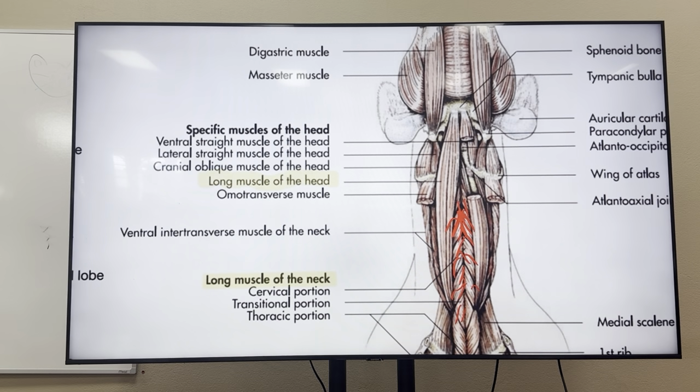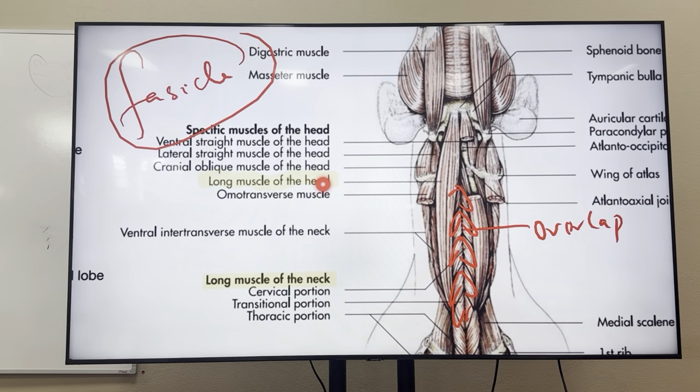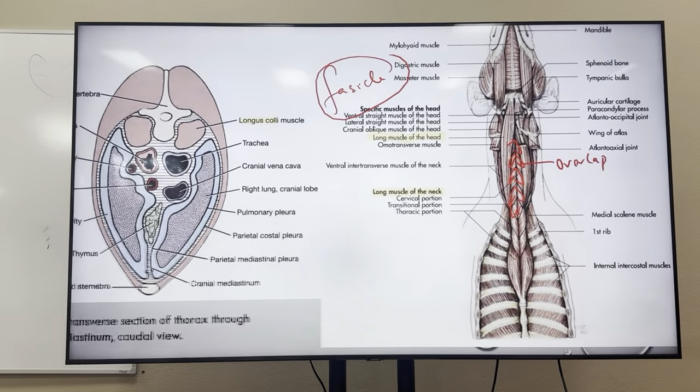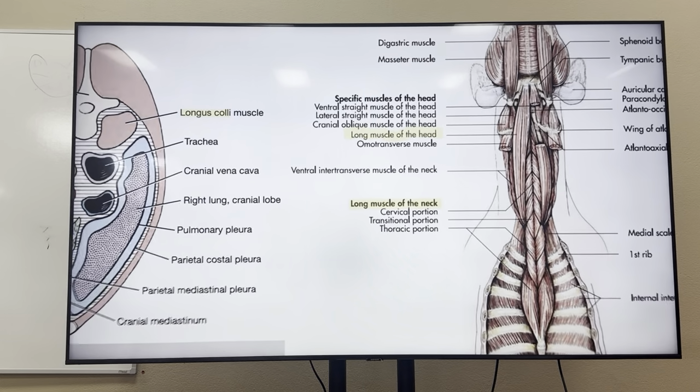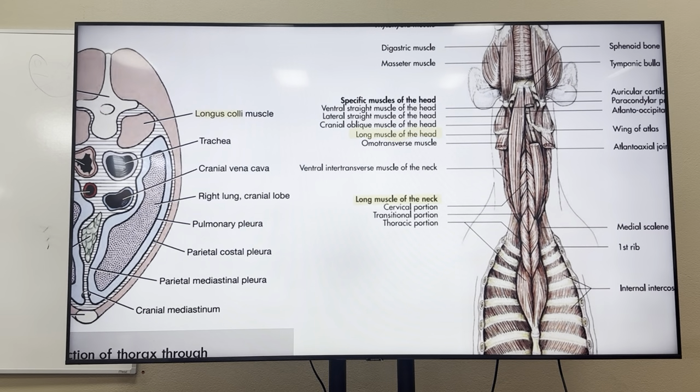So you can see here that we have several muscle fascicles. These are overlapping muscle fascicles. So we have this muscle coming up to this.